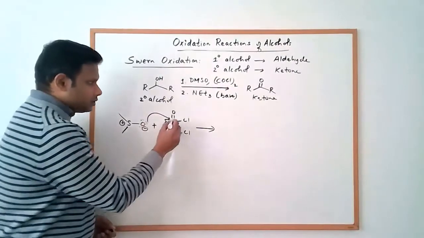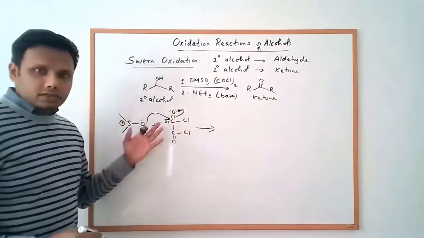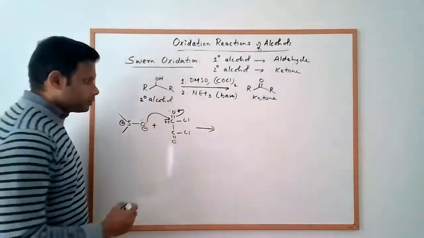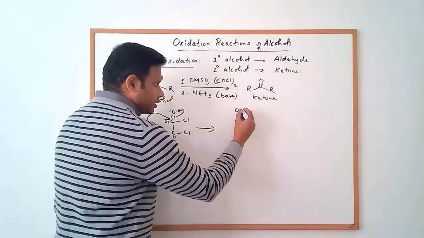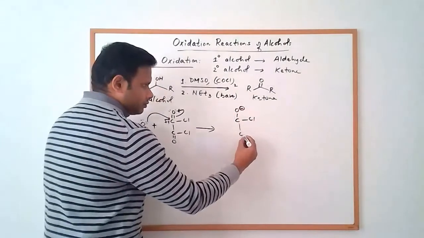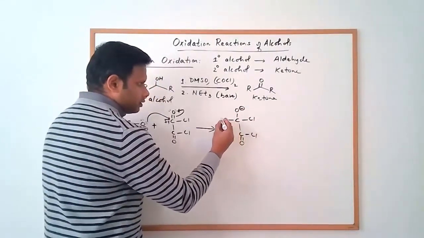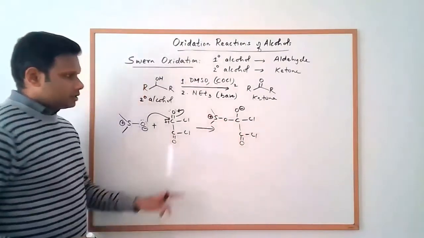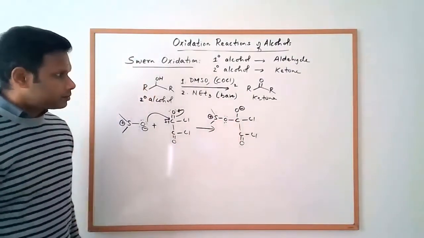When that happens, the first step is for this oxygen to get pushed up, the double bond to get pushed up to the oxygen, which generates an intermediate where we have an O minus, C double bond O, Cl, and our DMSO is now connected to that oxalyl chloride.